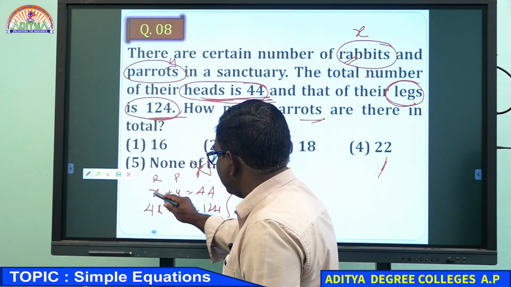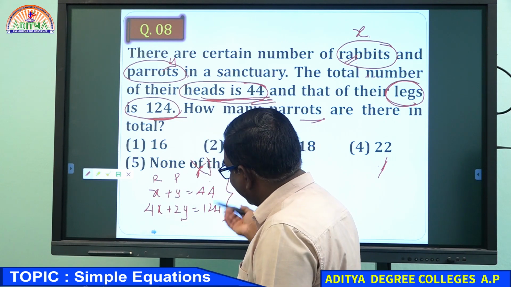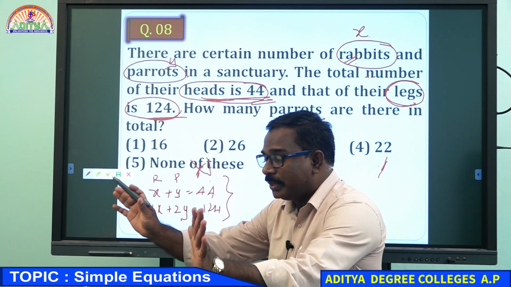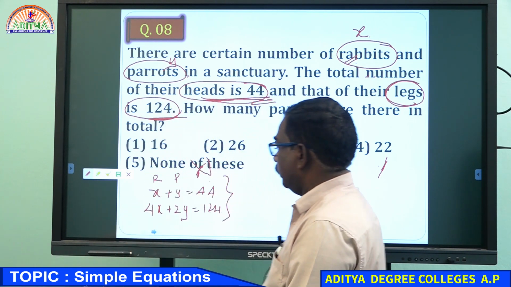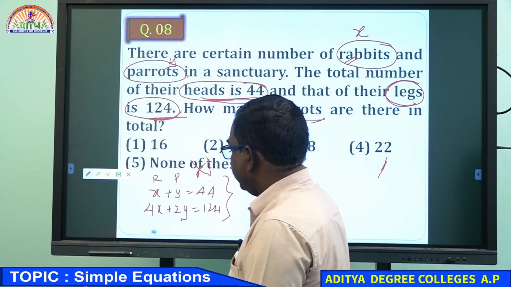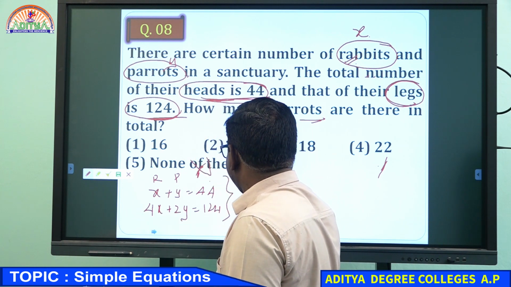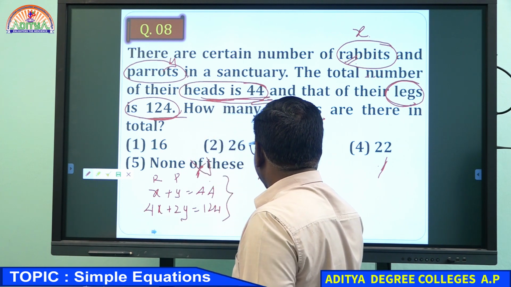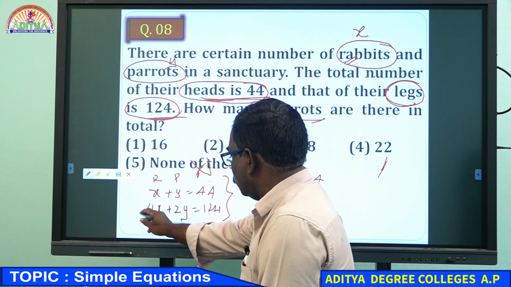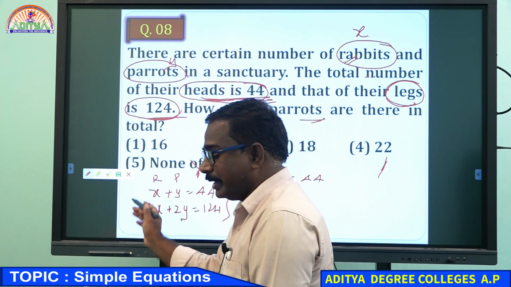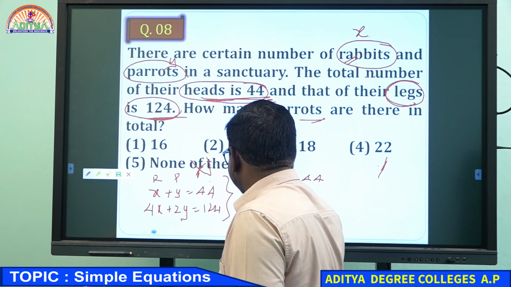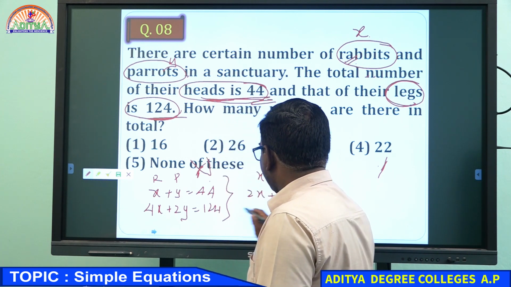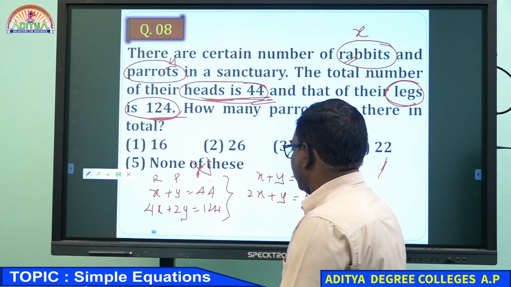When 2 unknowns and 2 equations are given, and we are discussing the simple equations topic, you need to solve in a simple manner. Suppose we multiply by 2 here. x plus y equals 44: multiplying throughout by 2, we get 2x plus 2y equals 2 times 62, which is 124.